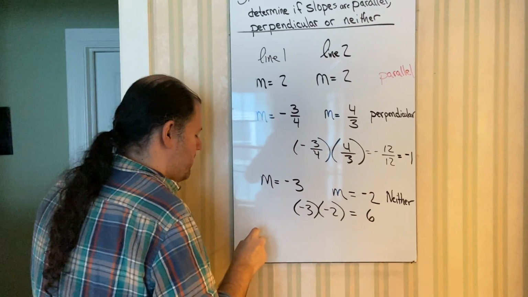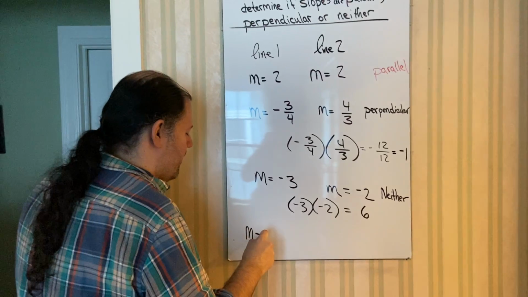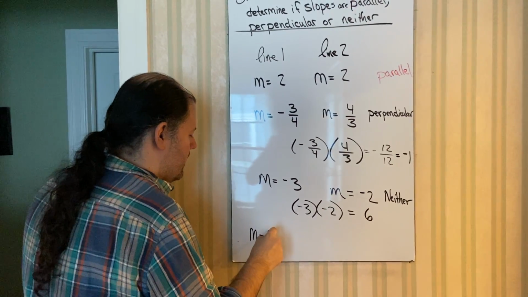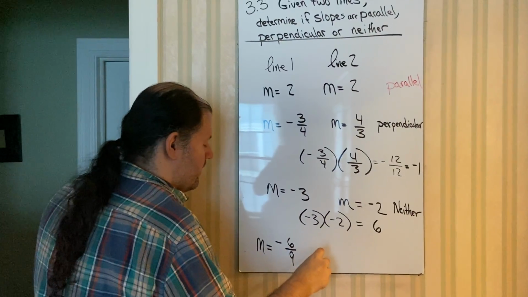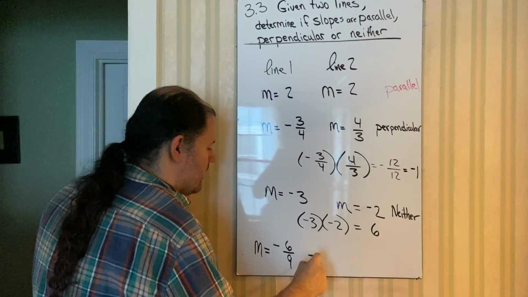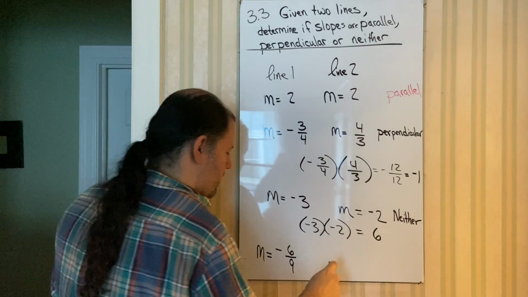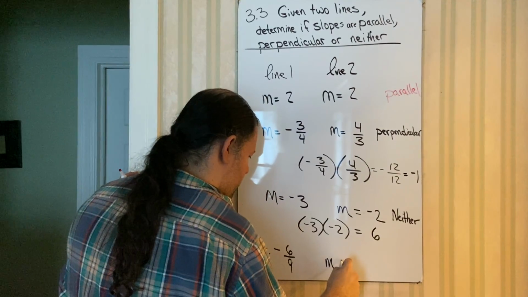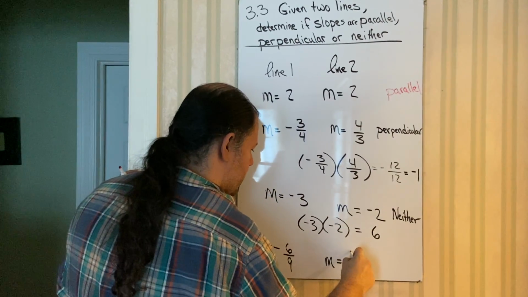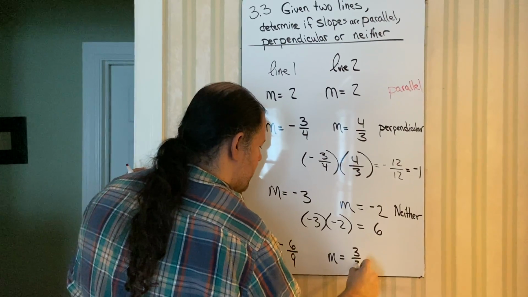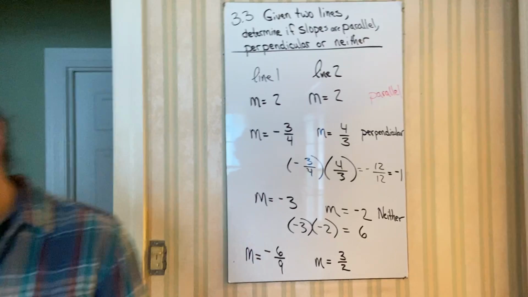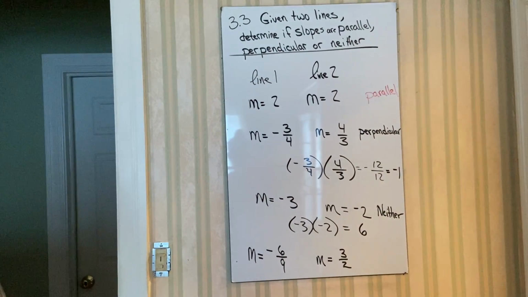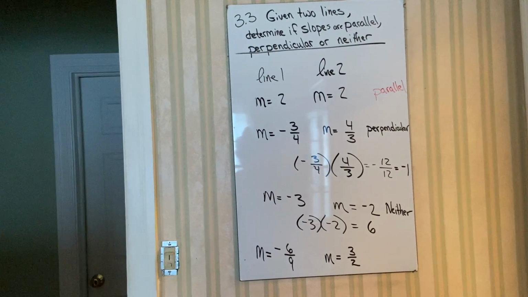Let's just do one more comparison. That's slope 1. That's slope 2. Now you look at them and you ask yourself, are the slopes identical?